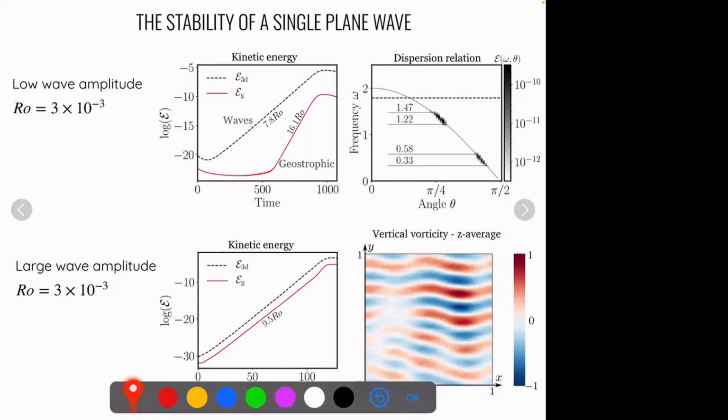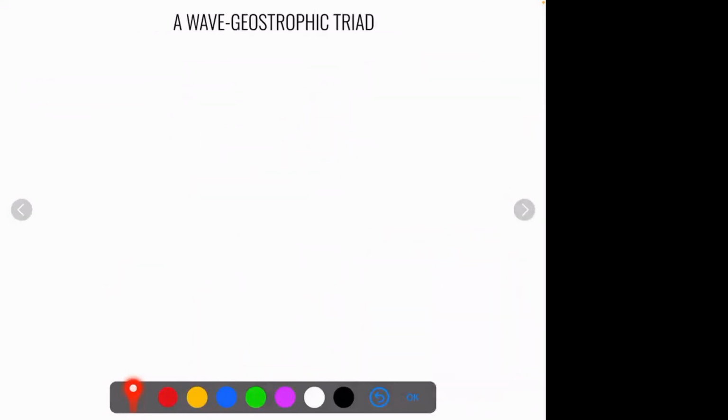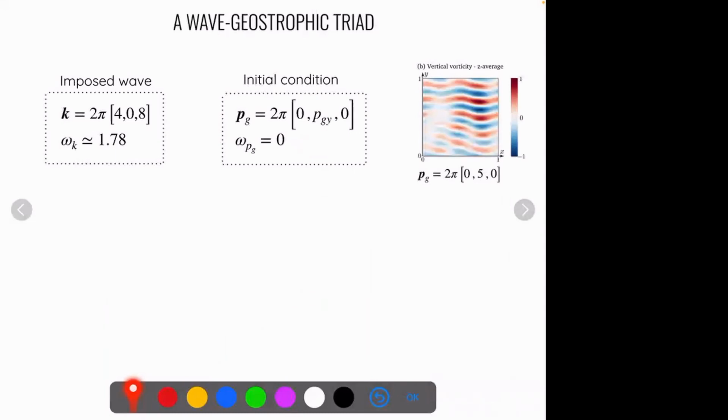Those simulations were initiated with noise. What I'm going to do next is use this mode that has been extracted as an initial condition to test the growth rate. So I'm going to use as initial conditions those modes PG that are geostrophic.